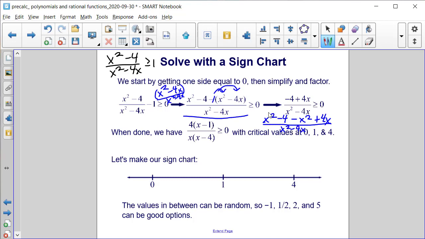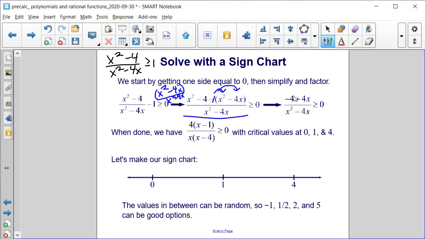You'll note I have an x squared here and a negative x squared here. They cancel each other out, so they're going to go away. And that leaves me with this rational expression, negative 4 plus 4x over x squared minus 4x.